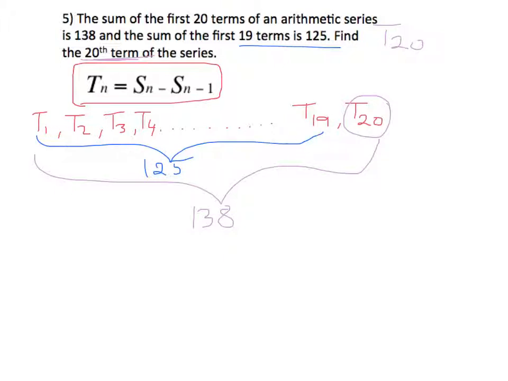So if you were to add on the 20th term to the sum of the first 19 terms, then you would get the sum of the first 20 terms. So that's why T20 is equal to the sum of 20 minus the sum of 19, which is what this formula here is. So we can say T20 equals 138 minus 125, which is 13. So the 20th term is 13. Pretty cool.